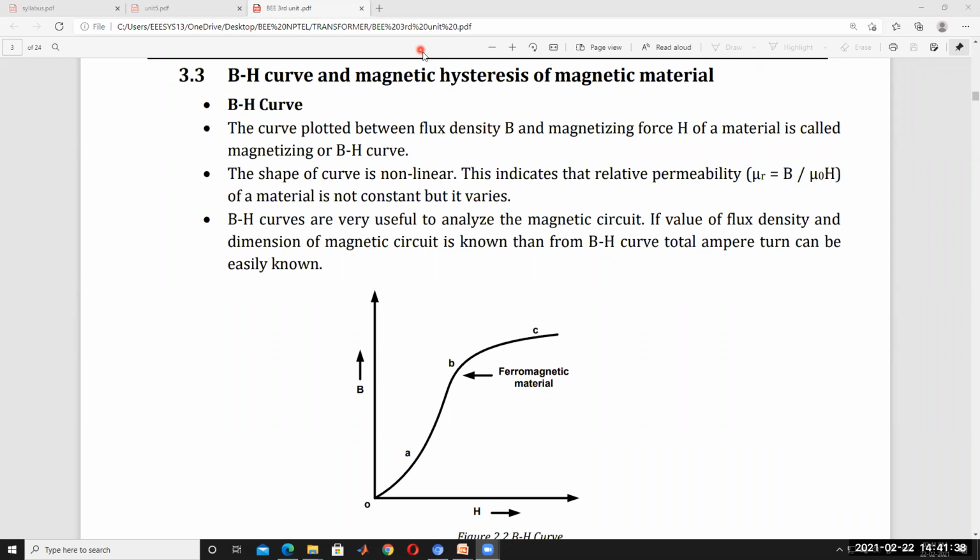According to the transformer equation, which we will get to later, E is equal to 4.44 into phi into F into N, where phi is the magnetic flux, A times B. This is the relation we will get in upcoming classes. E is proportional to magnetic flux density.